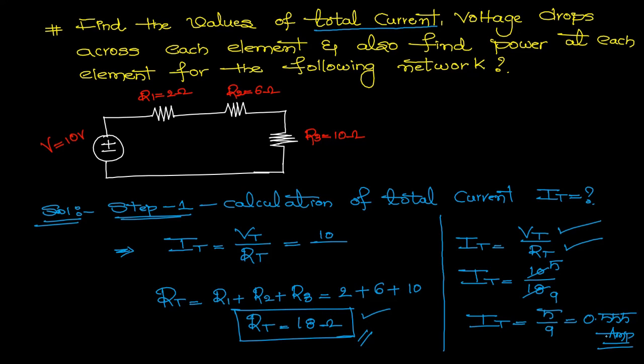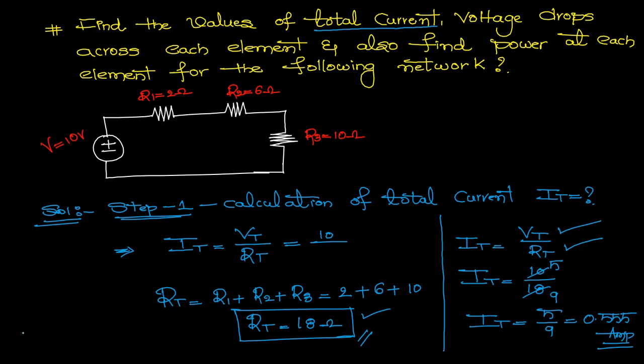So this is the value of total current IT. Now coming to the second one, which is the calculation of voltage drop across individual elements. If you know how much current is flowing through the network, then it is very simple to find the voltage drop across each individual element.